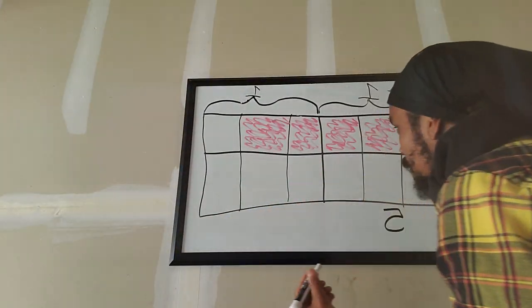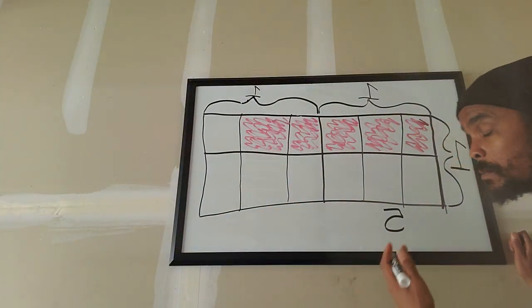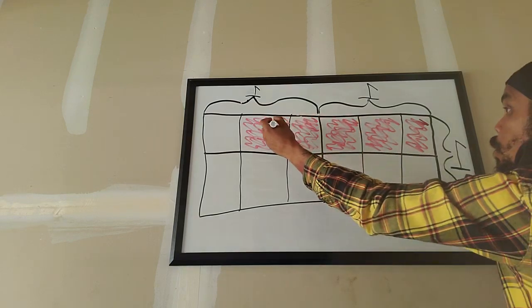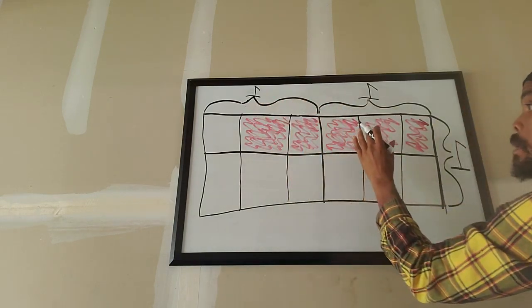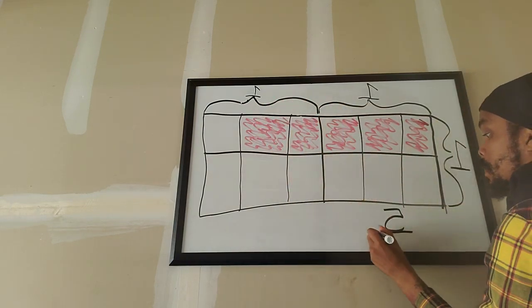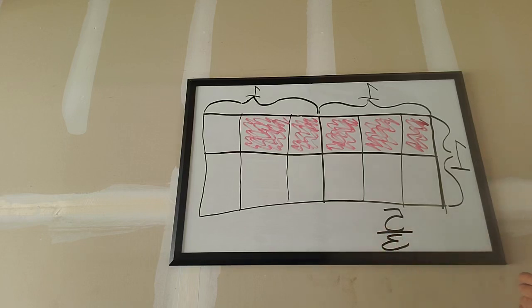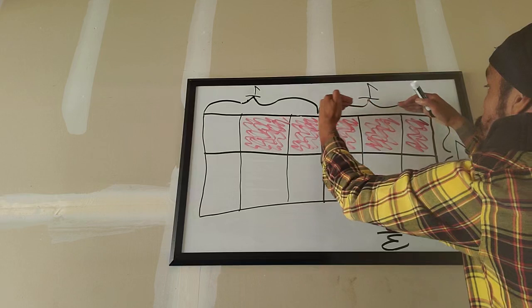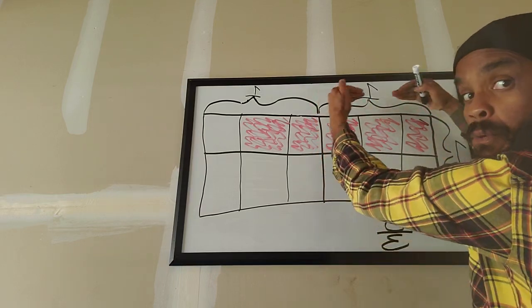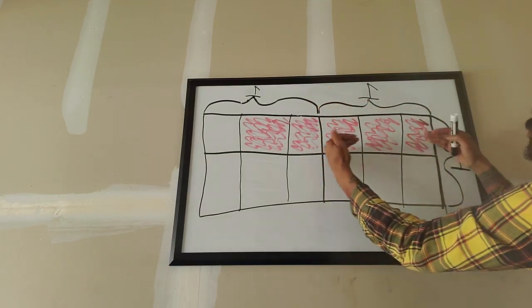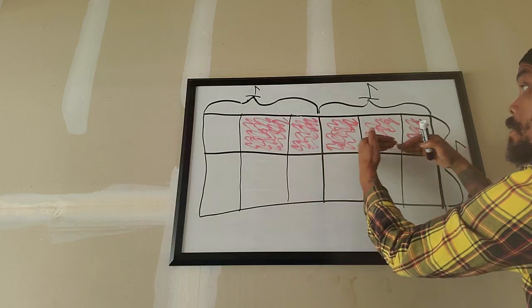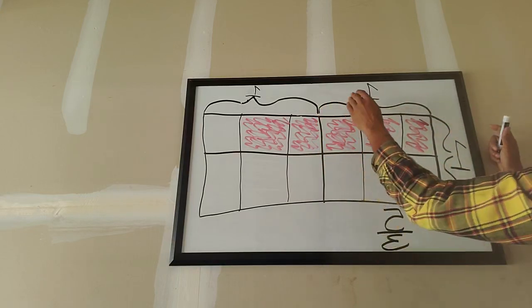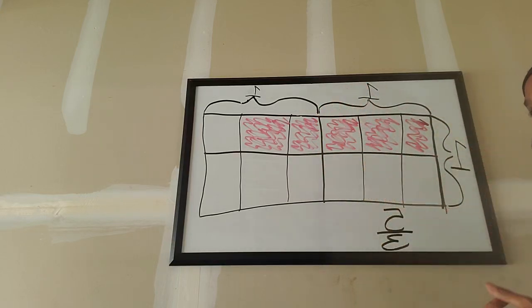So they have to be able to realize, and it's a weird concept, that going across, this represents 5 thirds. Because this shaded portion right here by itself, you see where my fingers are? By itself, this shaded portion is 3 thirds, which would be one whole.